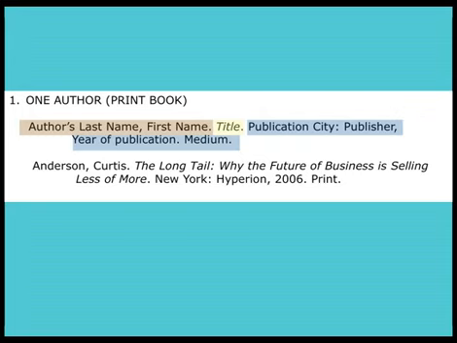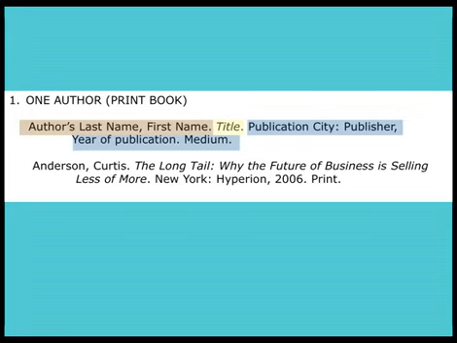Then you'll give the publication city, and then you'll use a colon. Okay, the double dots, not the semicolon, which is a period and a comma, but the two-dot colon. And then the publisher's name, a comma, the year of publication, period, and then the medium, period. Medium is the type of source it was, whether it was print or web or PDF or MP3 or MP4, etc.